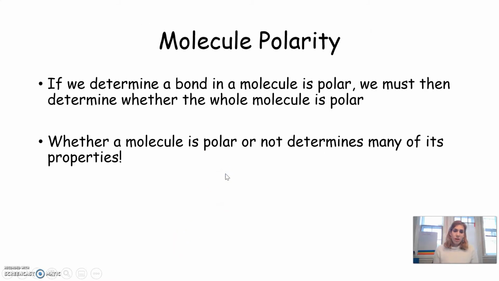So if we determine a bond in a molecule is polar, then the next step is to determine whether or not the molecule itself is polar. Whether a molecule is polar or not determines a lot of its properties. Remember what I said before: it is possible to have a polar bond, but the molecule itself be nonpolar.